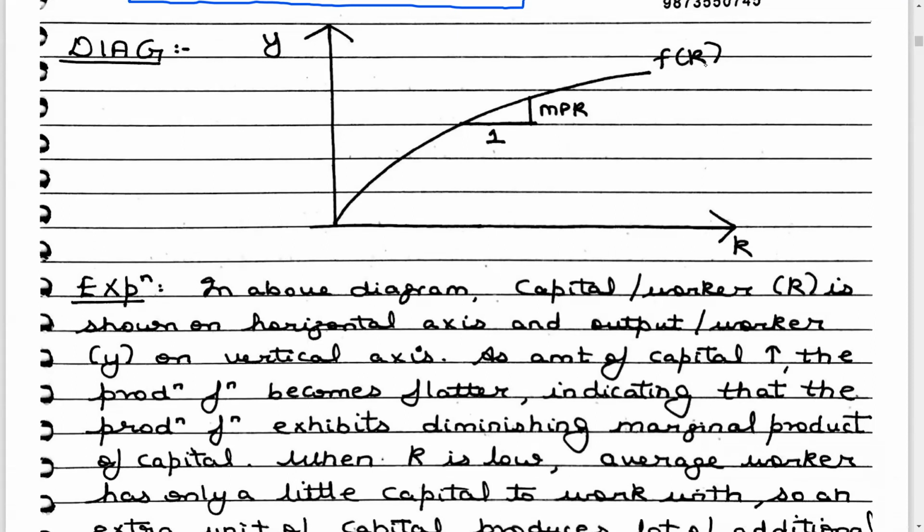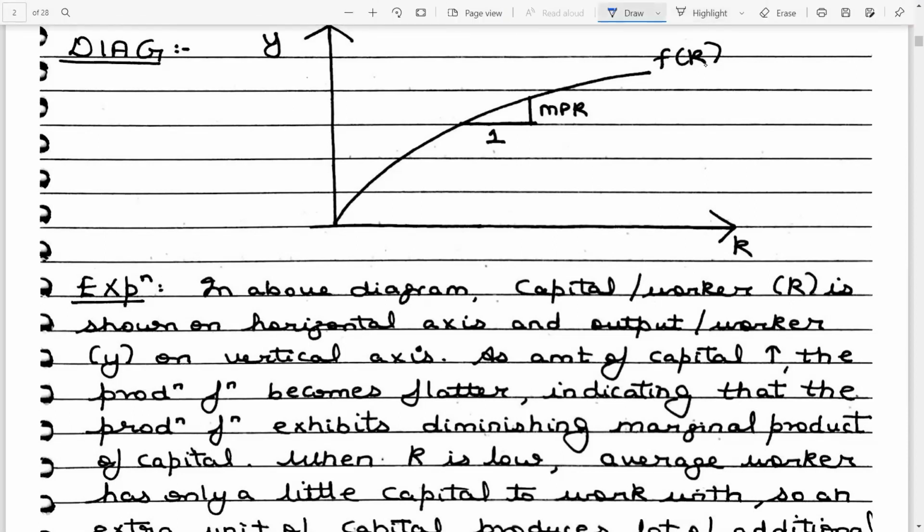All students should be familiar with diminishing returns to a factor. It's a very famous concept we do in microeconomics. The same concept applies here: marginal productivity of capital stock per worker is diminishing. So you can think of it like that.